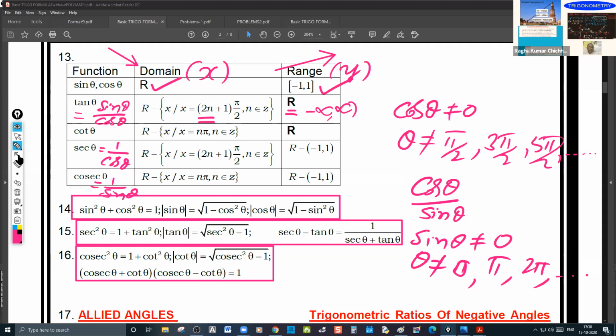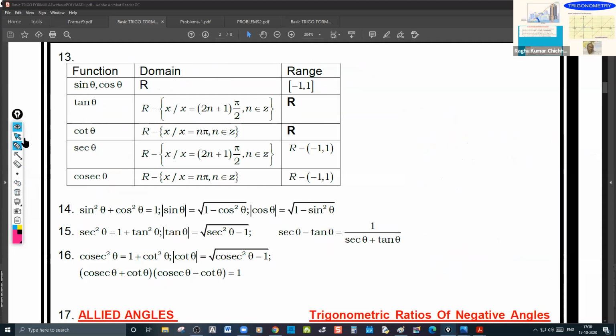So what you have to broadly understand is that the tan theta domain and the secant theta domain are one and the same. Just check it out.